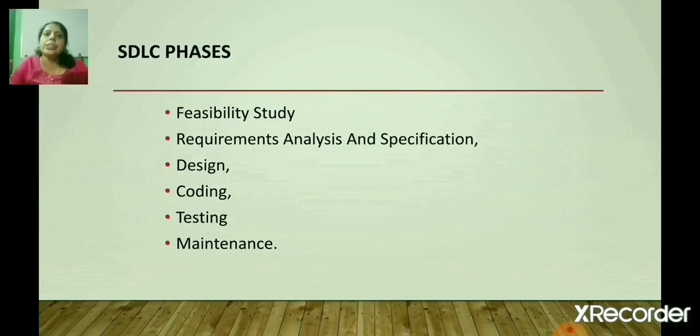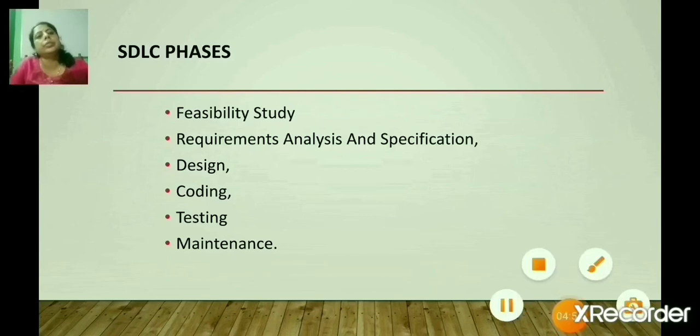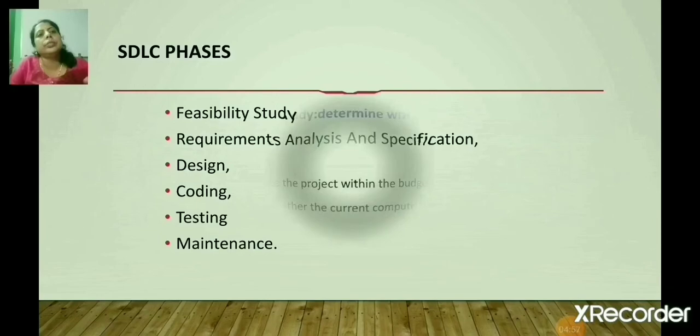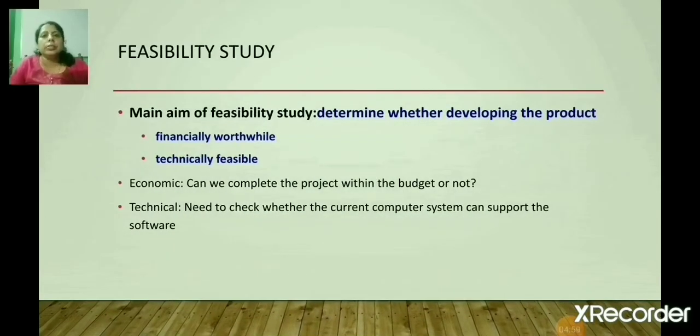These are the phases of SDLC. First is feasibility study, then requirement analysis and specification, then designing, then coding, testing and maintenance. The first phase is feasibility study. The main aim of feasibility study is to determine whether the product is financially and technically feasible or not.